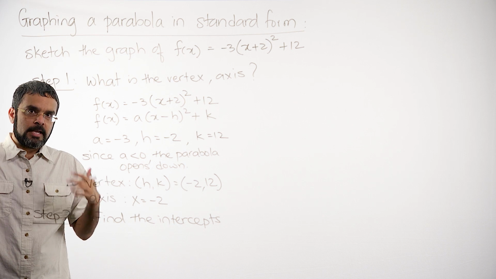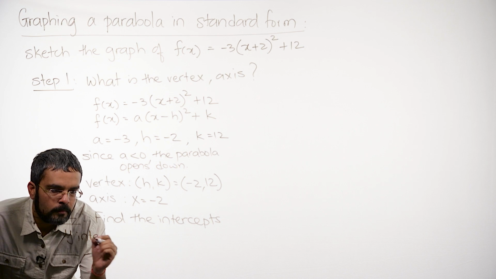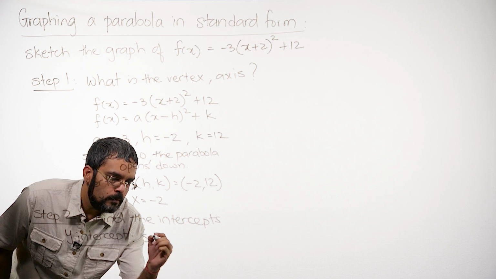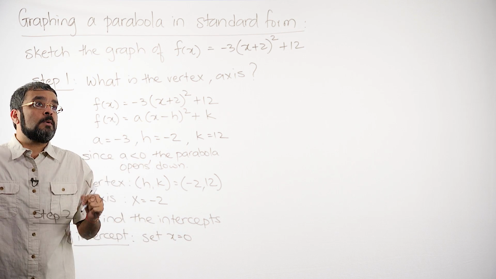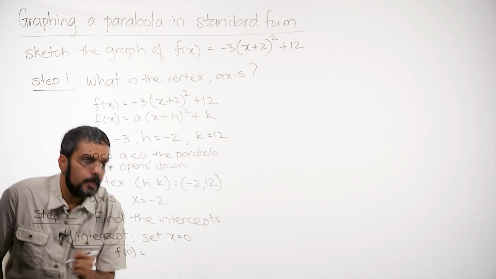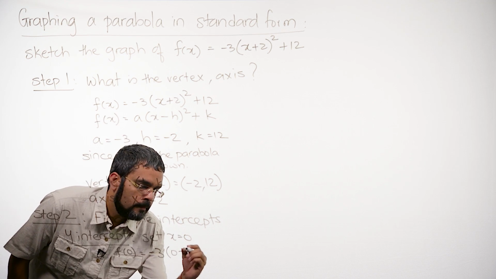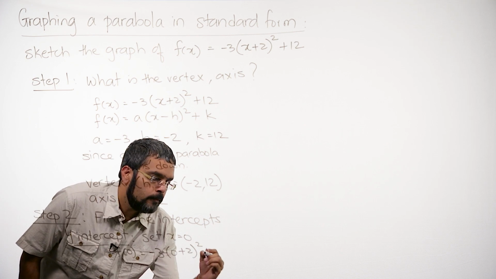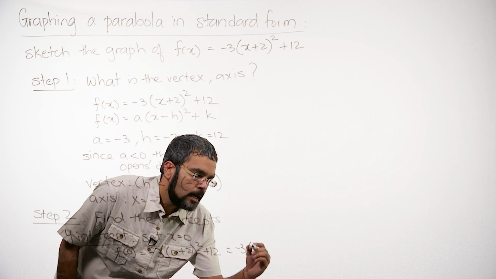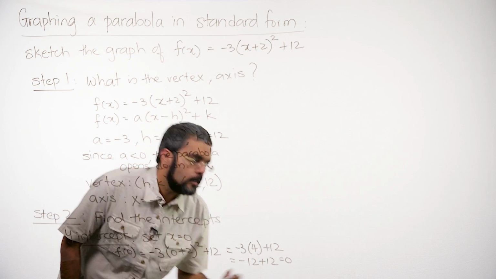Obviously we have two kinds of intercepts, the x-intercept and the y-intercept. Let's find the y-intercept first. To find the y-intercept, we set x equal to 0. So we get f(0) equals negative 3 (0 plus 2) squared plus 12, which becomes negative 3 times 4 plus 12, which is negative 12 plus 12, which is 0.